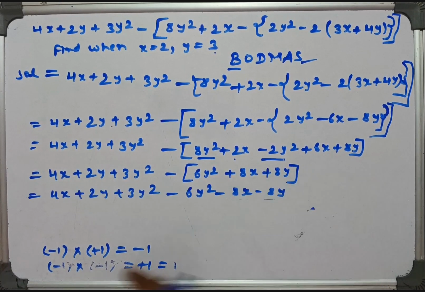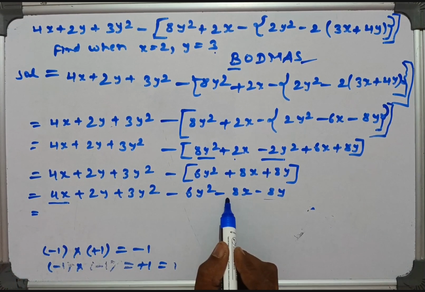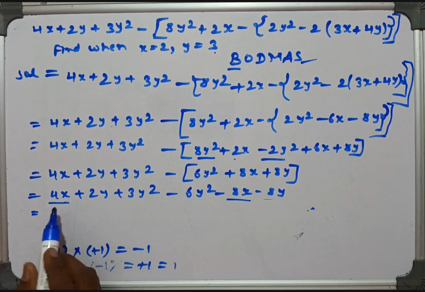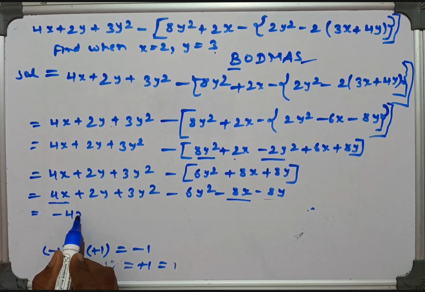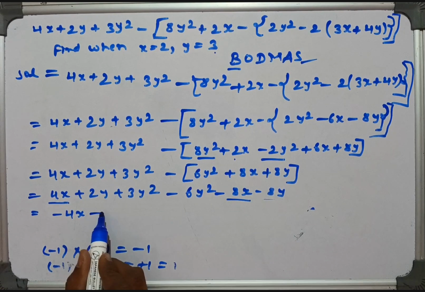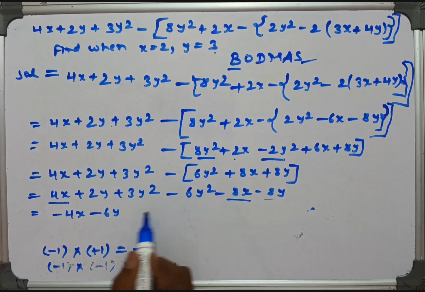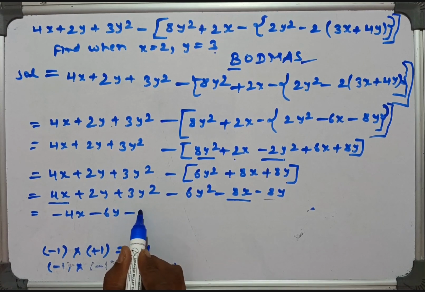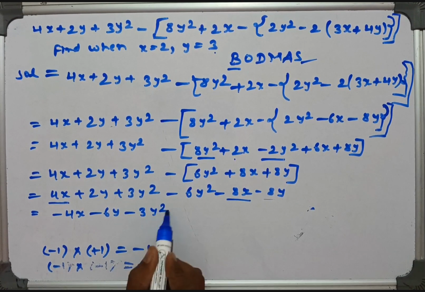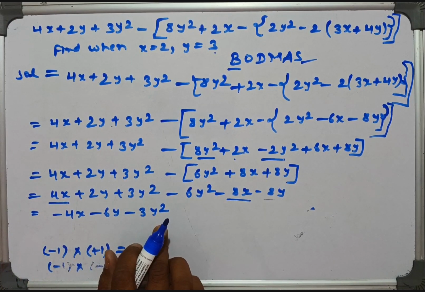Okay guys, so see this one, 4x and minus 8x are like terms, so this becomes minus 4x, 2y and minus 8y becomes 6y, and this 3y square and 6y square becomes 3y square. Okay guys, so this is our solution.